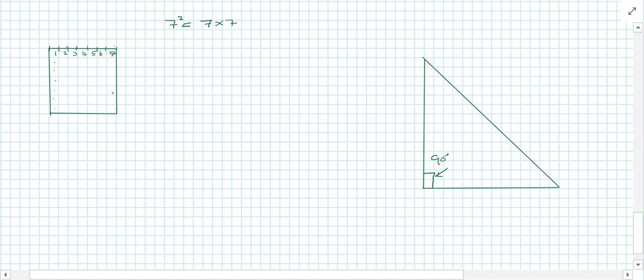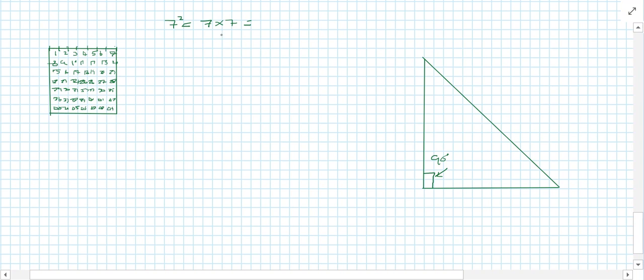Okay, so it looks something like that. If you think about it, within this box, how many squares do we have? 7 by 7, so we have 1, 2, 3, and so on, up to 49.